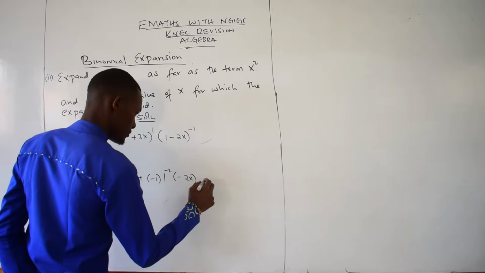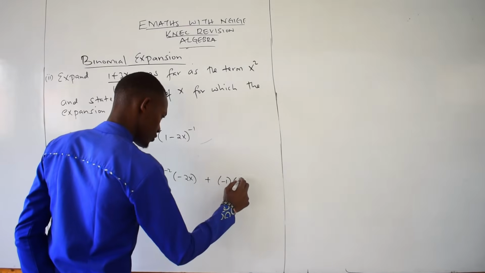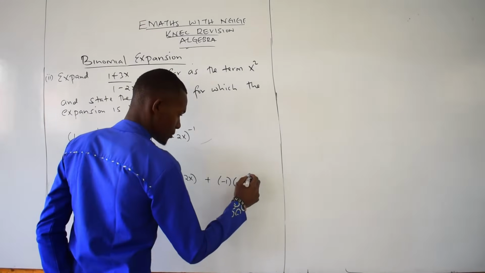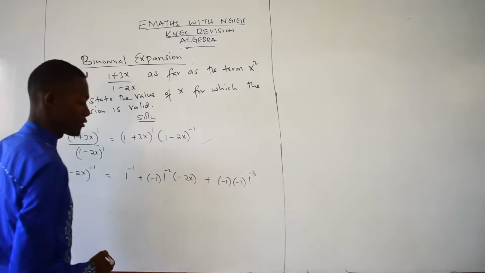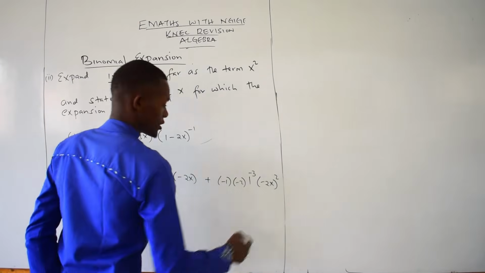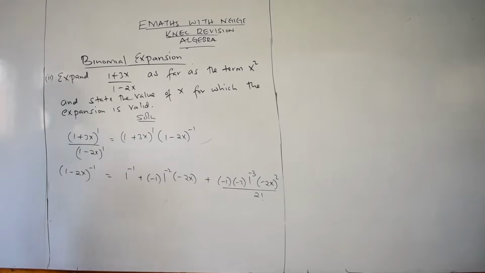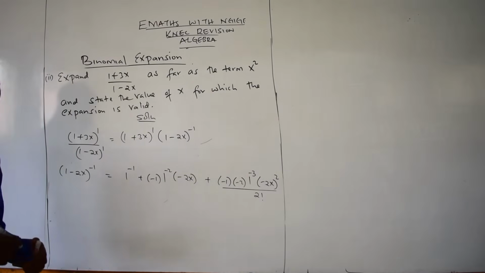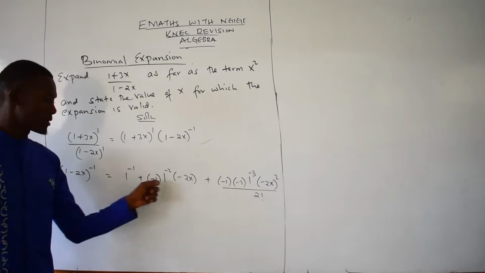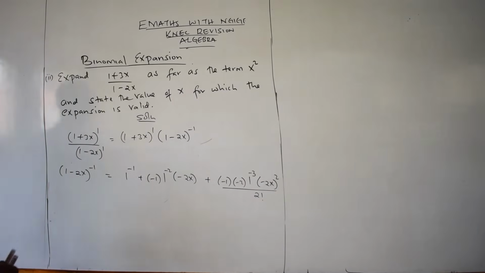So then we have negative 1, drop the negative 2, then you have 1, reduce the power by 1, you have negative 3, then you have negative 2x, which you square, over 2 factorial. Remember, we are not writing our 0 factorials and 1 factorial in this term and this term because 0 factorial is 1 and 1 factorial is also 1.